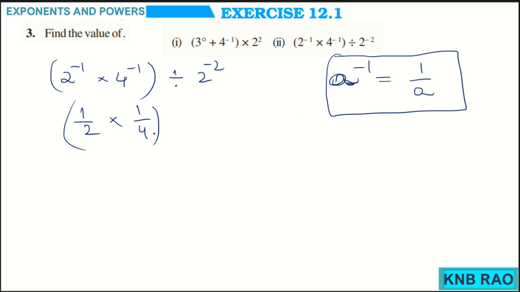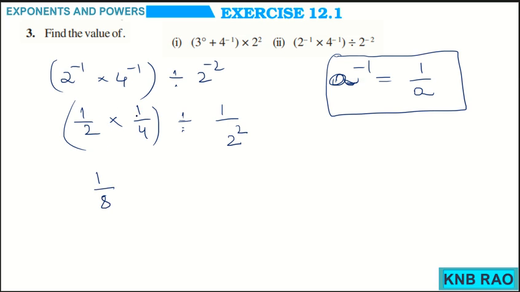So 1 by 2 into 1 by 4 divided by 2 power minus 2. Since it is a negative power, we will convert it to positive by taking 1 upon 2 square. So 1 by 2 into 1 by 4 is 1 by 8.